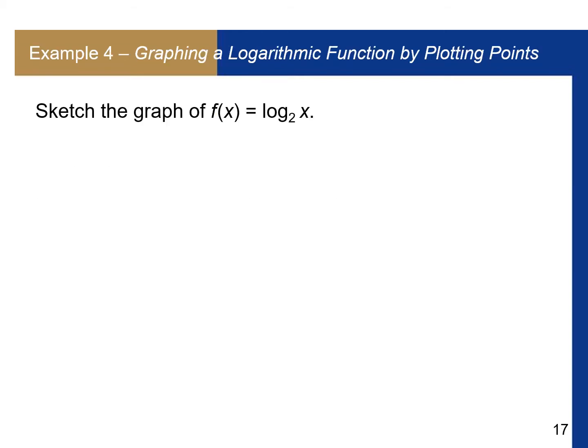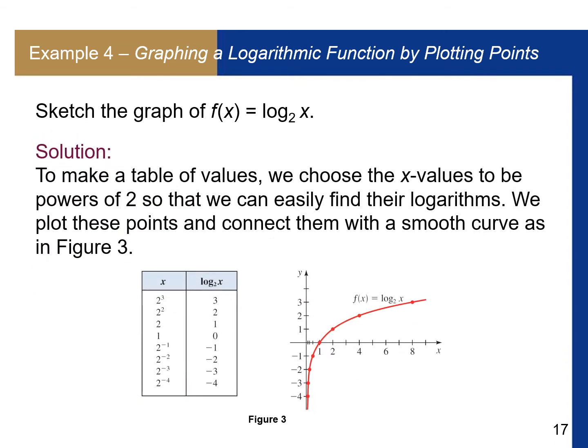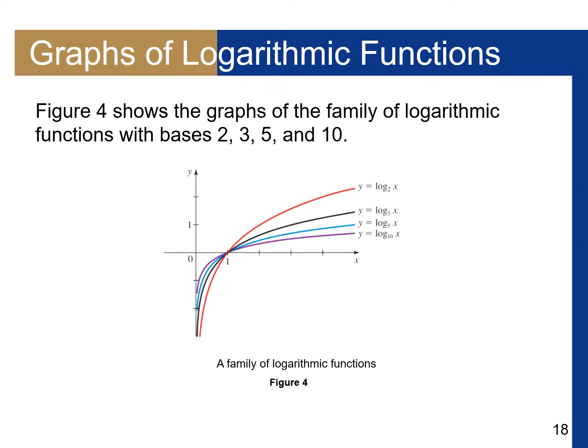So now let's sketch the graph. Here we can plug in numbers and we can see that as we come up here, we're going to go through 1 and then again come this way. And we want to take a look at here's 10, 5, 3, and 2. Now before we were saying that the larger the base, the steeper the slope.